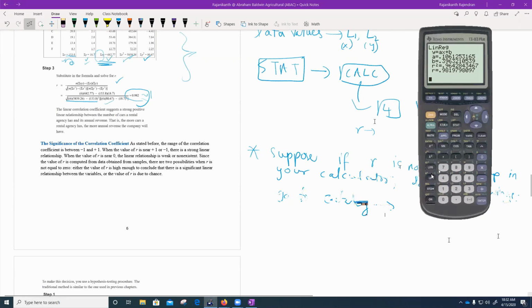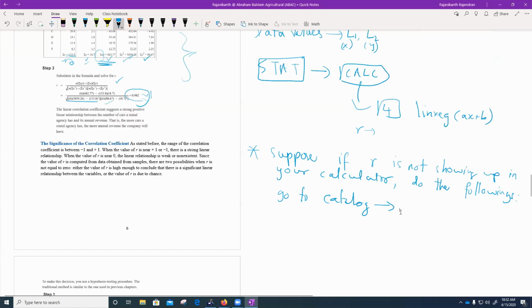Where's that? Catalog is on the zero button, right? So second with zero. So go to catalog. How do you go? Second plus zero button. Then after going to the catalog, I'll find this function, diagnostic, right? Make it on. The default one is off, so we have to make it on.